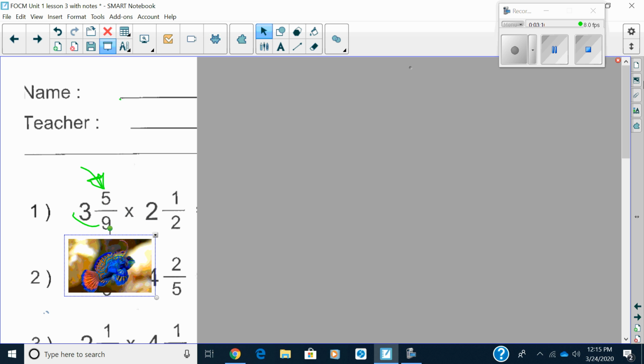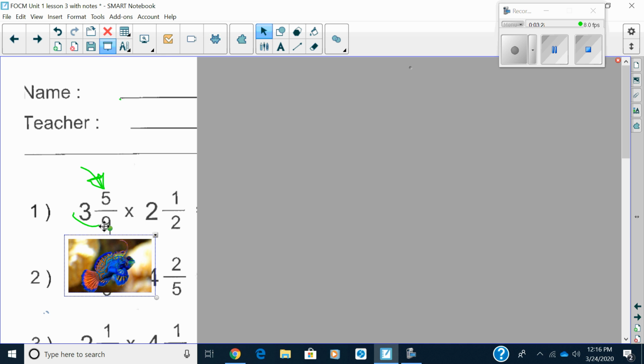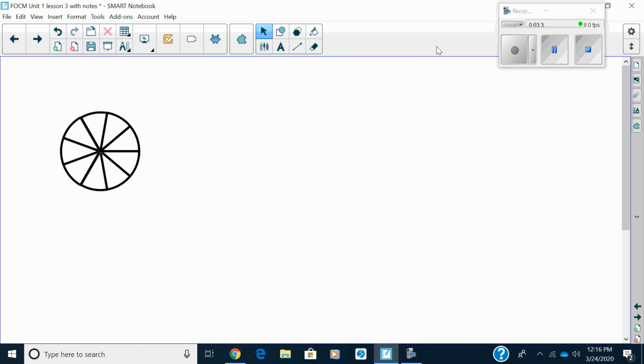Now let me explain. So what we have here is an apple pie, and it's delicious. And I cut it into 9 slices. Why 9? Because the denominator is 9. Now I am going to duplicate that.